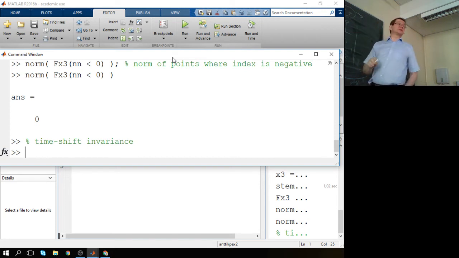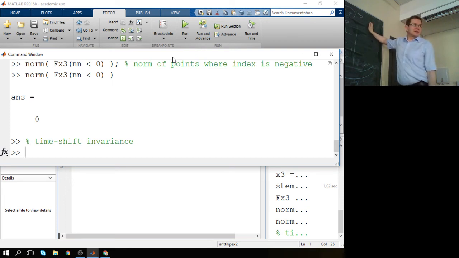Just as a curiosity, the advanced operation is made by time reversing the input, then running it through this system, and then time reversing the output again.